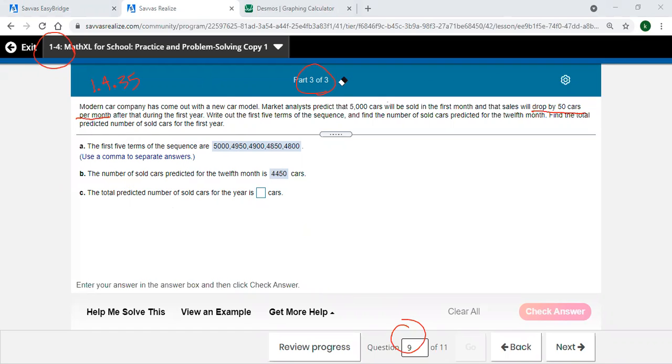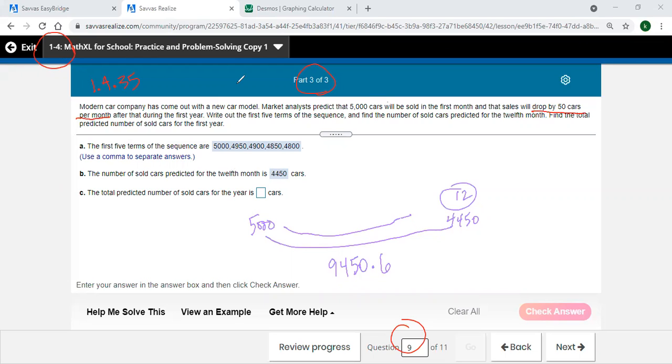So if the first month was 5,000 and the last month 12 was 4,450. Remember how that formula went the last time? You add these two together, which is what, 9,450. And if you added each of them in between, they would always add up to that. We have 12 numbers, but we're pairing them up, so we only have half of that on these 9,450, so that'd be times 6. So 9,450 times 6.